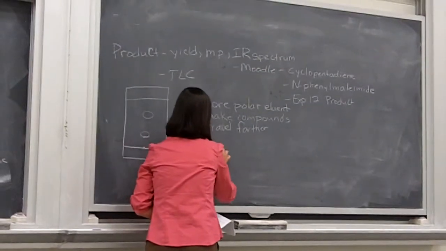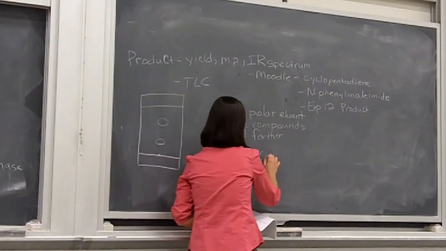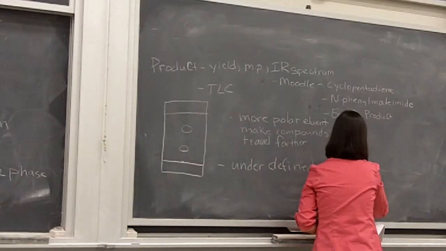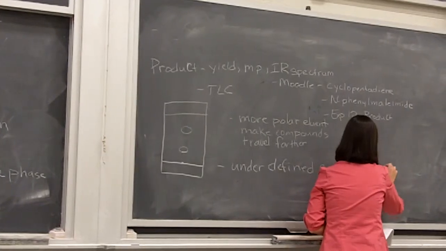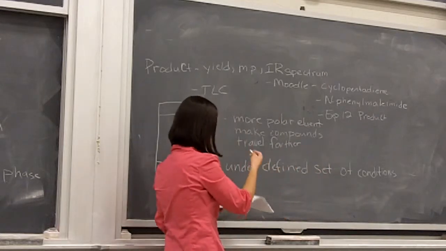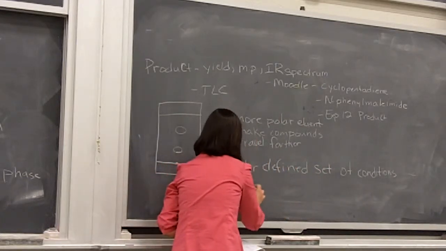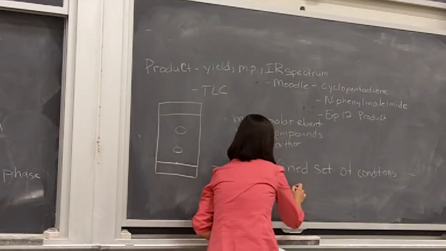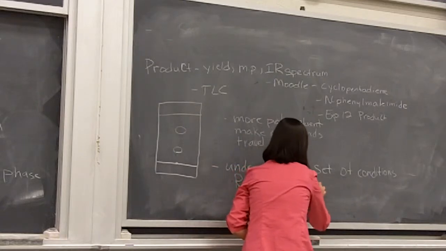So what you get is this system where, and you have to be really careful how you specify this, but under a defined set of conditions, so that means using the same eluent here, or same type of mixture, the RF value is a characteristic property of the compound.